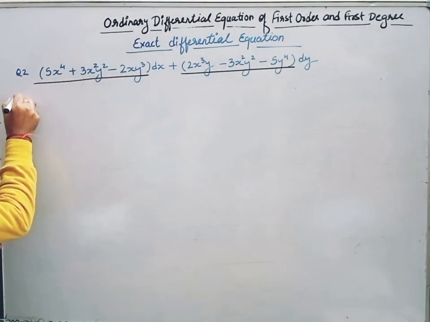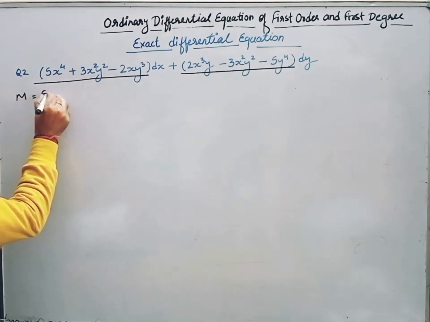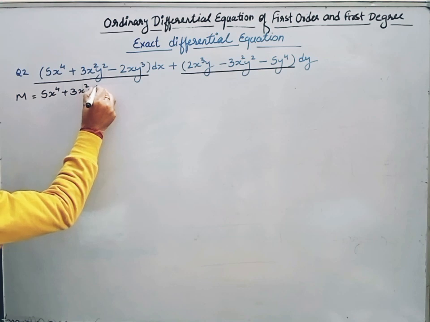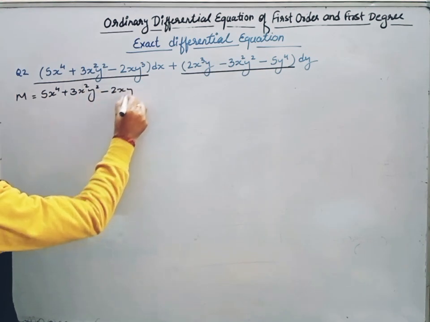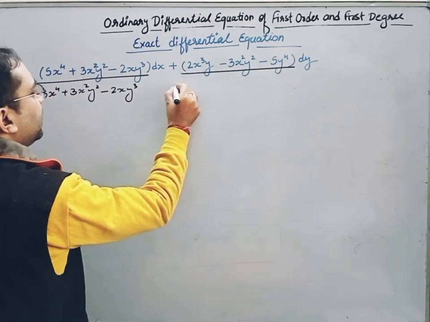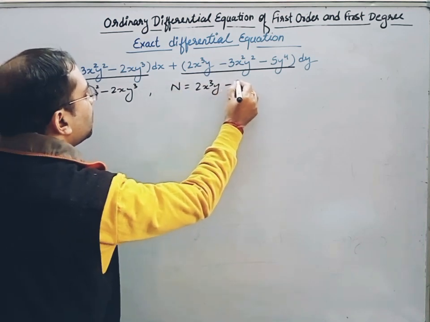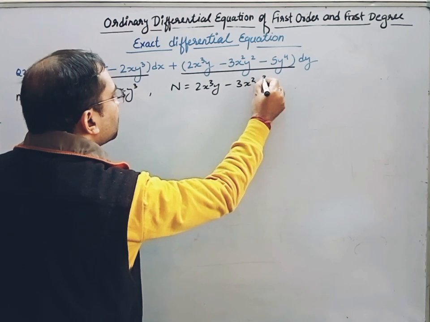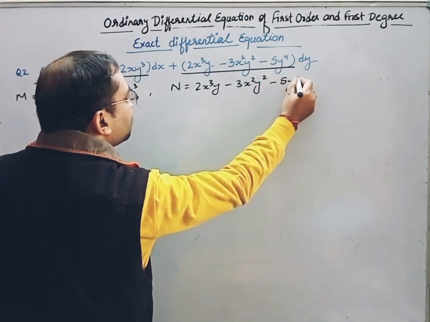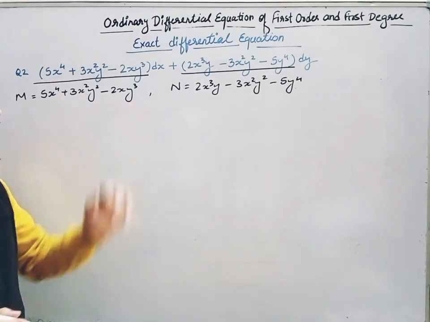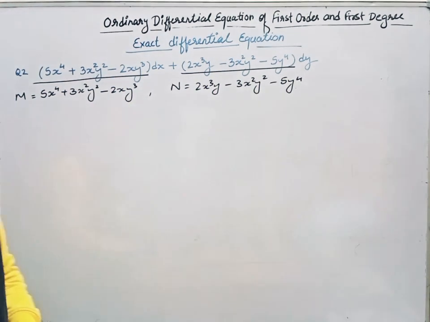So let me write that M is equal to 5x to the power 4 plus 3x square y square minus 2xy cube, and N will be for us 2x cube y minus 3x square y square minus 5y to the power 4.